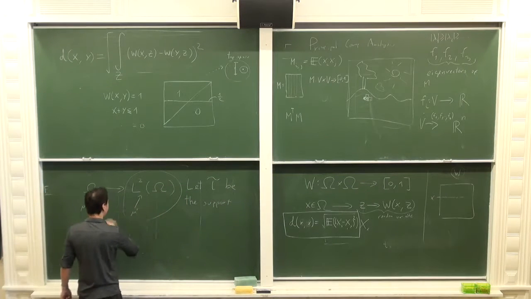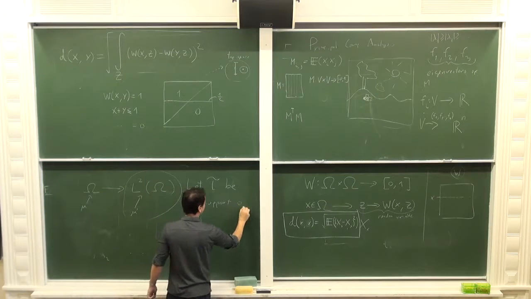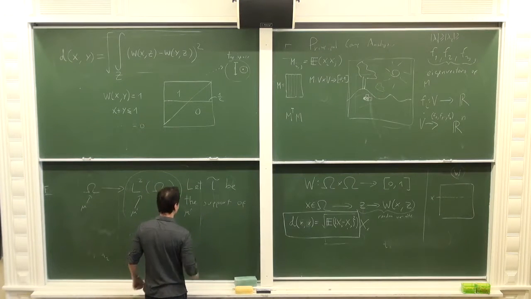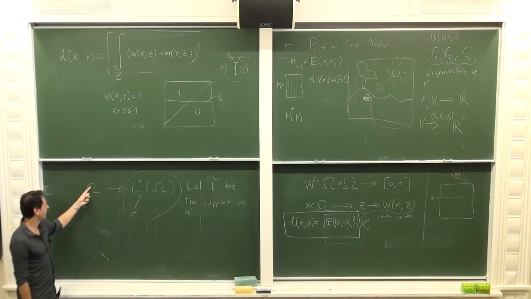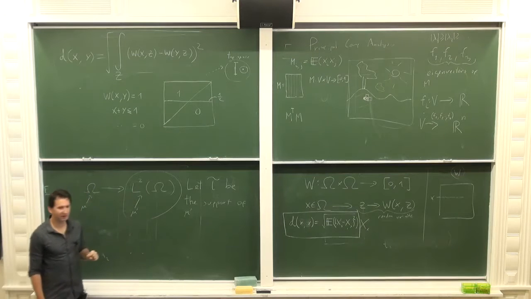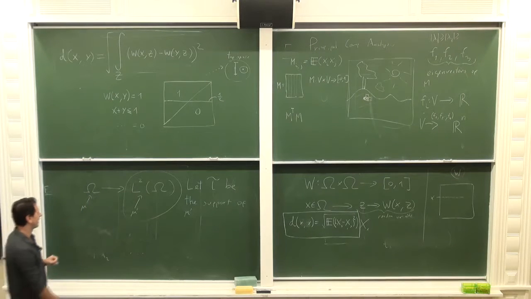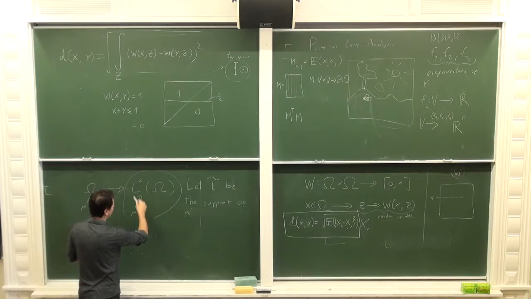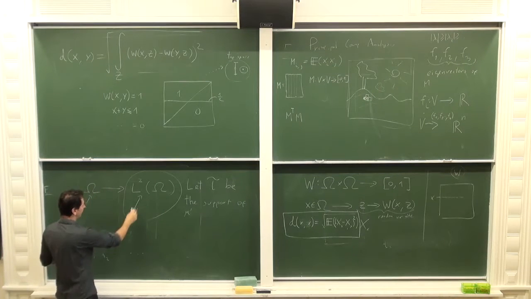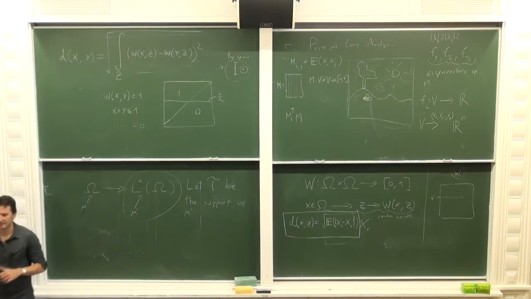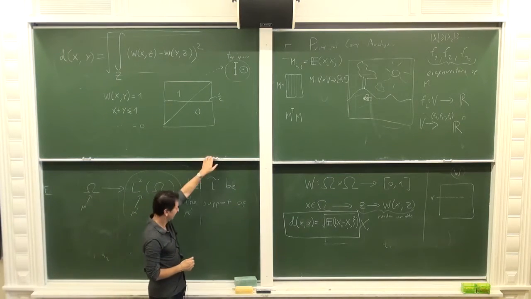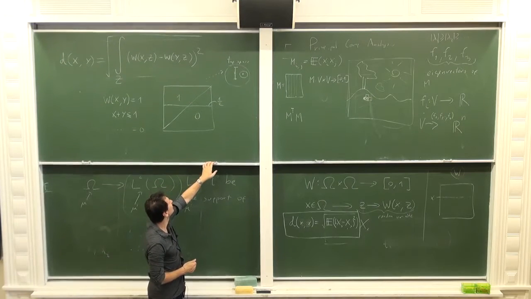Actually, let me denote this by mu prime. So once more, each point is mapped to its row, and then you look at the support of this induced measure here in the topology, which is just the usual L2 topology, and this support is a topological space which satisfies all our requirements.